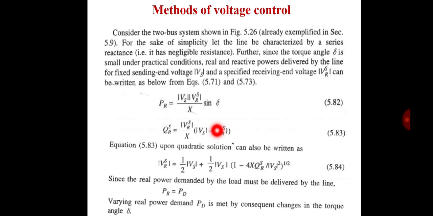Since the torque angle delta is small under practical conditions, the real and reactive power delivered by the line for a fixed sending end voltage and the specified receiving end voltage can be rewritten as equations 5.71 and 5.73. Here the receiving end power is PR equal to Vs times the specified receiving end voltage divided by X, into sine delta.